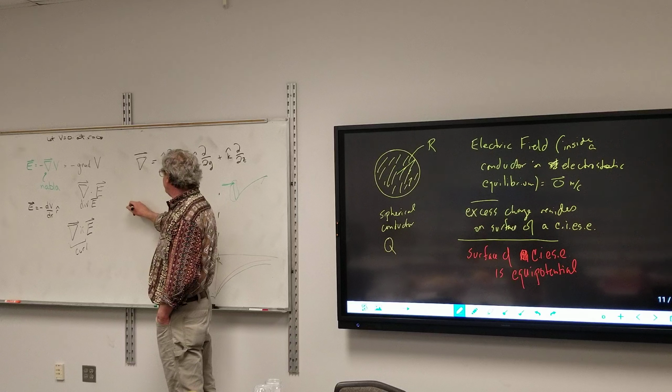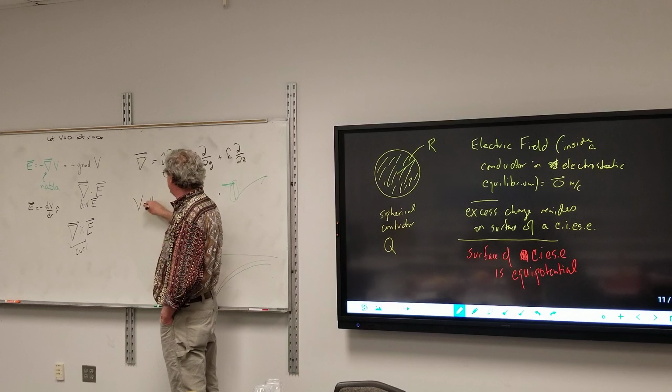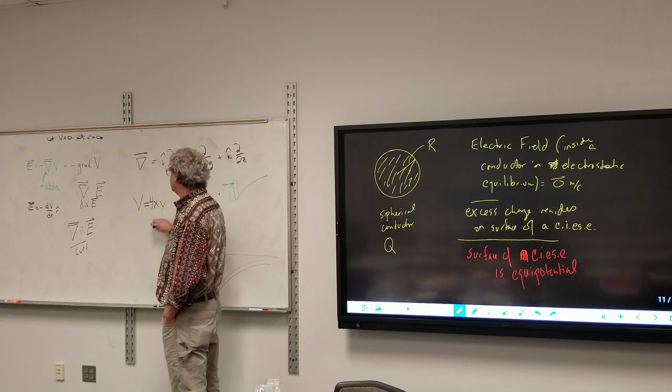If I have an electric potential V that is equal to 4xy, so if I tell you the value of x and y, I've got a coordinate system, I tell you the value of x and y, you can tell me what the electric potential is.